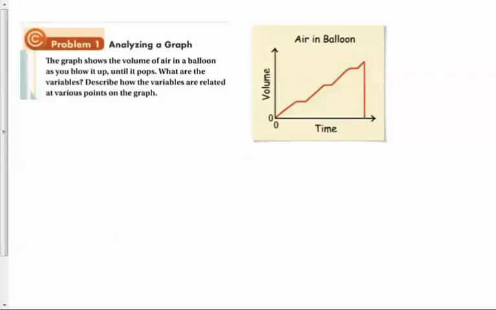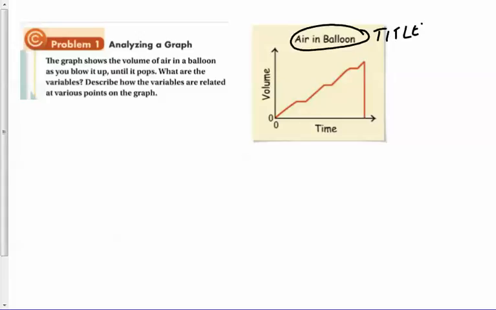All right. Problem number one. The graph shows the volume of the air in a balloon as you blow it up until it pops. What are the variables? Describe how the variables are related at various points on the graph. So here's an example. First off, every chart has a title. That's the title of the chart.